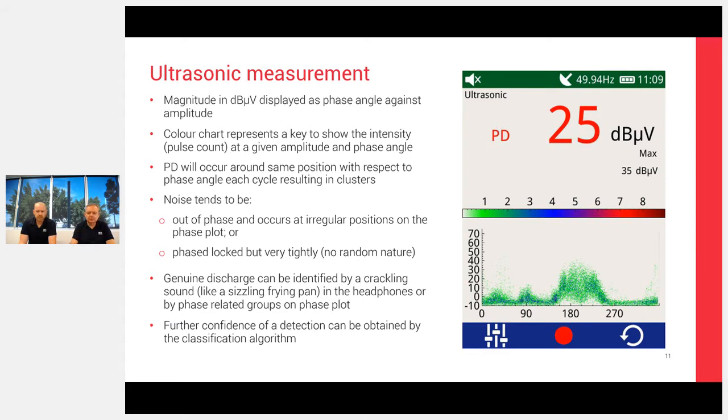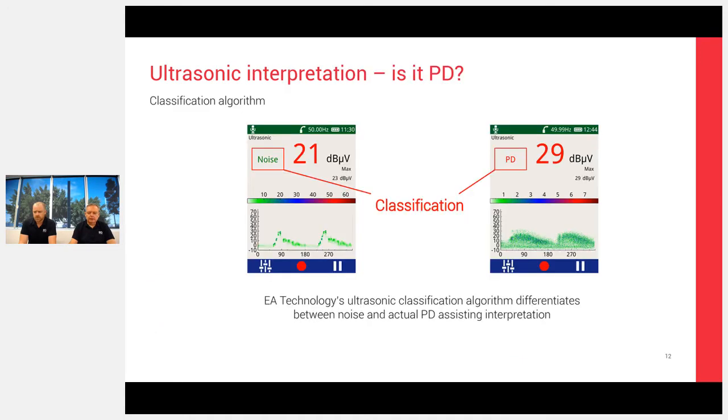Always trust your own self, but what we tend to do is we listen, we make our own judgment call, and we use that algorithm as a sense check backup and to give us, particularly on the 50-50 calls, additional confidence. So the algorithm is really valuable, particularly when you're just starting out.